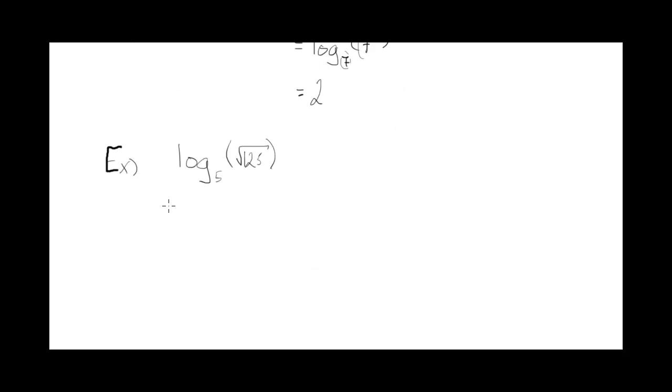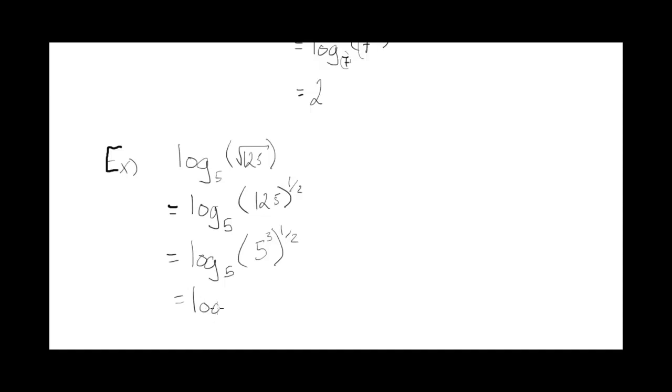Here's just another example where we'll use that same property. This one involves a square root, so maybe a little bit more complicated, but same thing. You just want to make the input 5 to the power of something. So this would be 125 to the power of a half. The square root is the power of a half. So log base 5, then 125 is 5 to the power of 3, all to the power of a half.